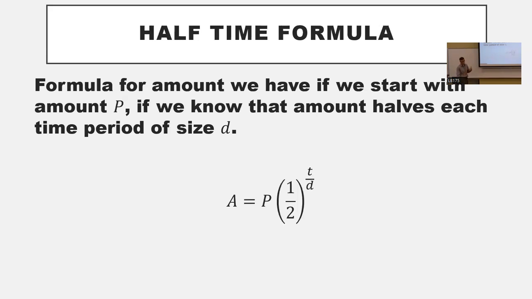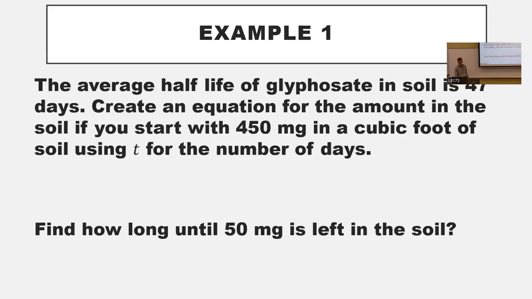And we have a half time formula as well, where we just put the half in there instead of the 2. And if you wanted to do a tripling time formula, you can put a 3 in there instead of a 2, or a quadrupling, put a 4 instead of a 2. But usually the more common ones are half times and double times, right?